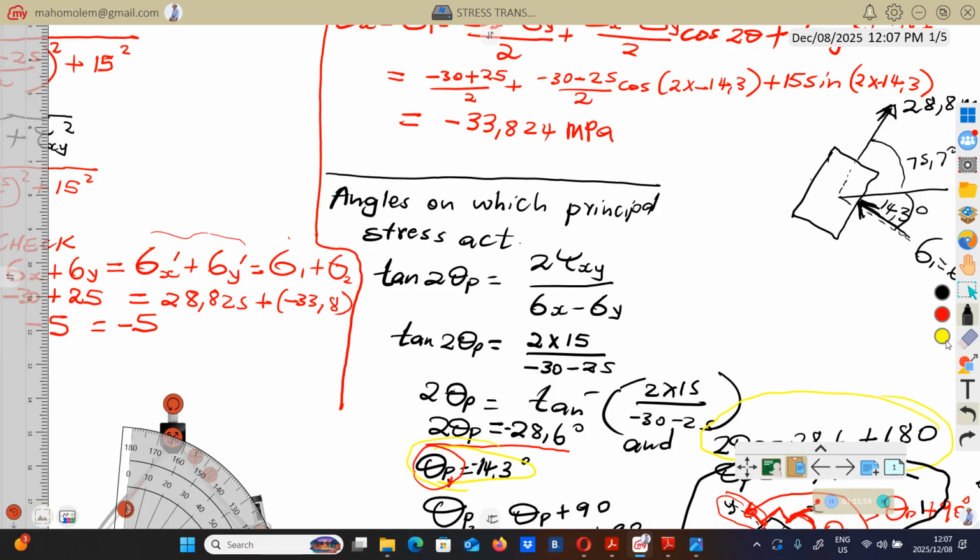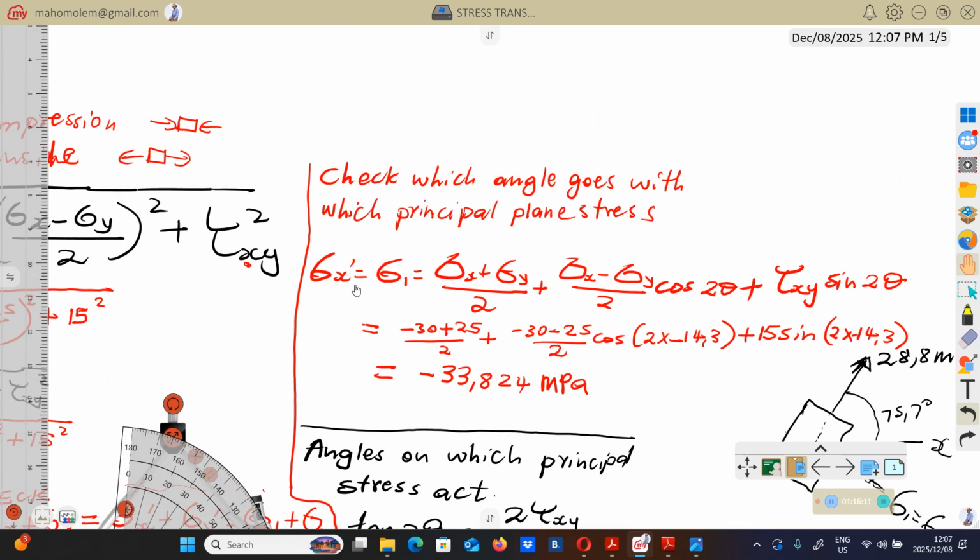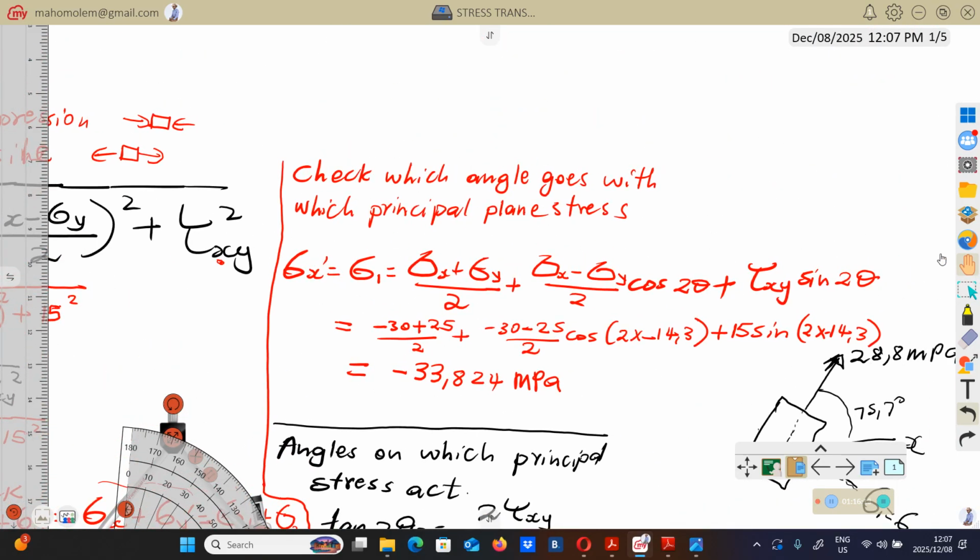That's why here I've used the formula for stress x, normal stress on the x face.